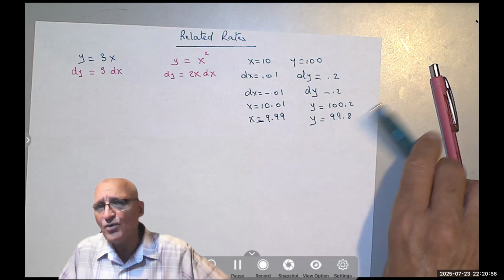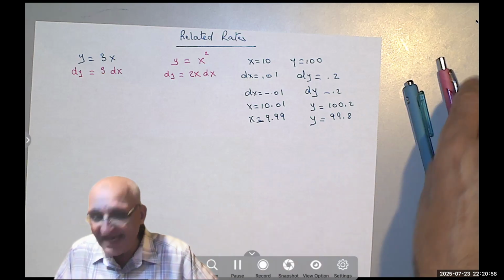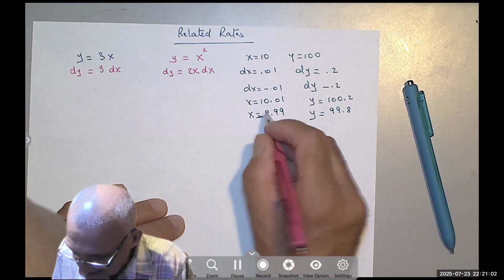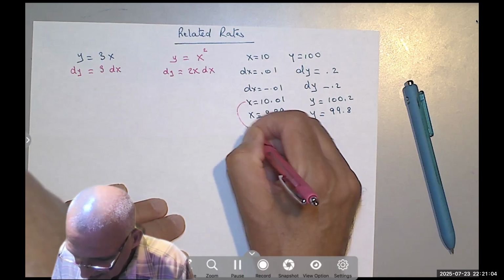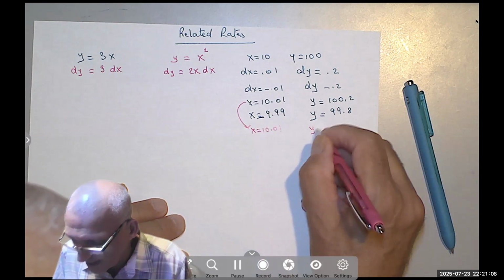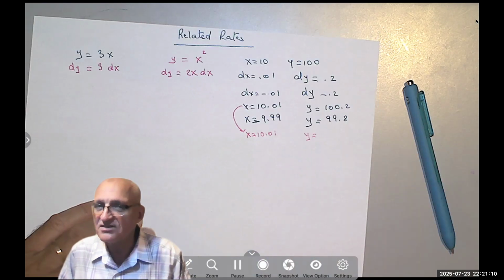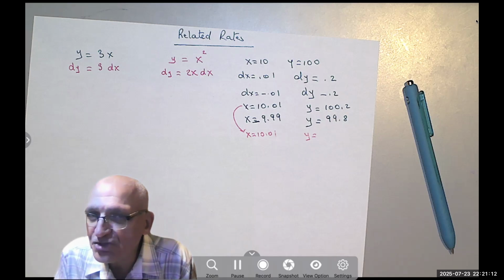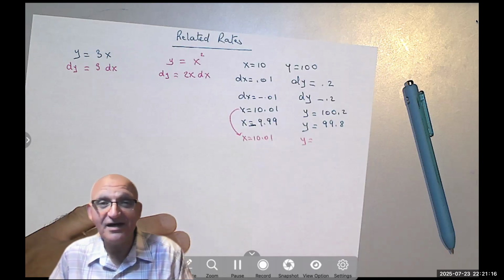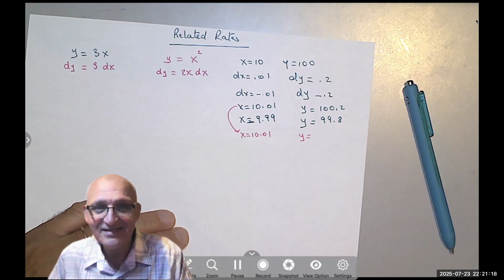So let's see what happens with the actual value of y. Meaning, if x is really 10.01, what would y be? And you say, get the calculator. I say, no, I didn't teach you that when you go back to how to square large numbers. Remember?